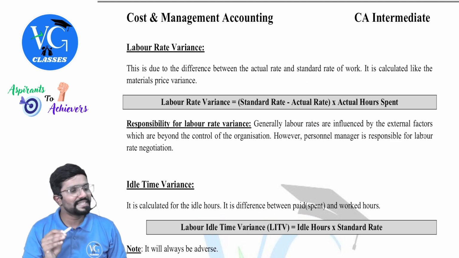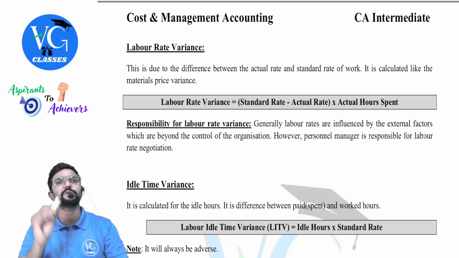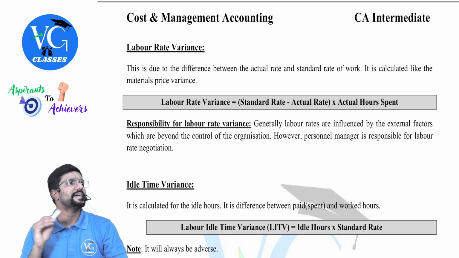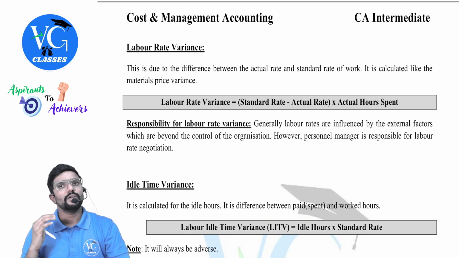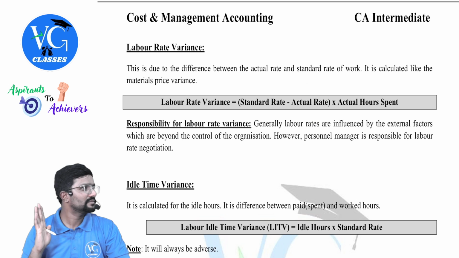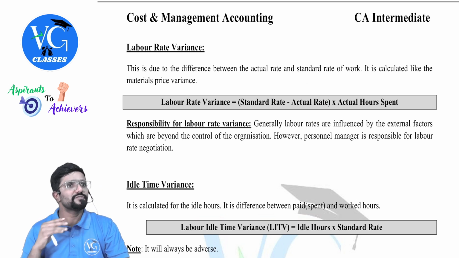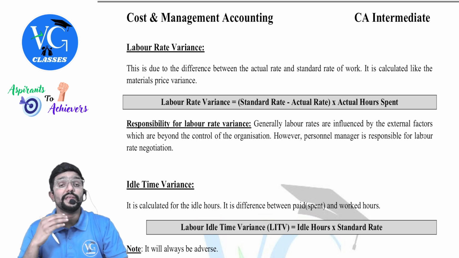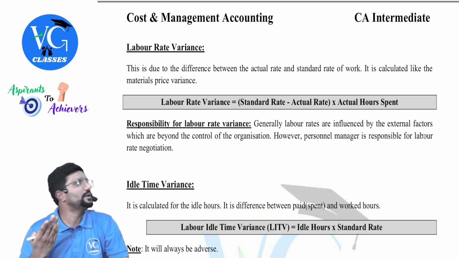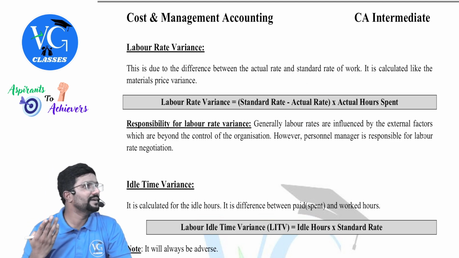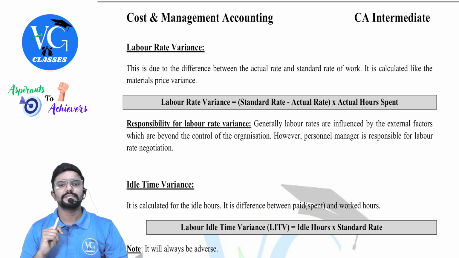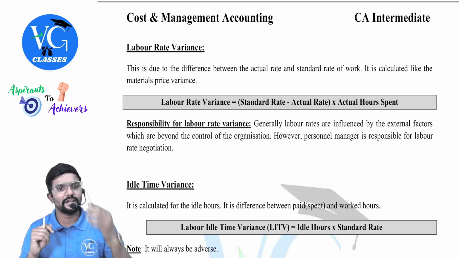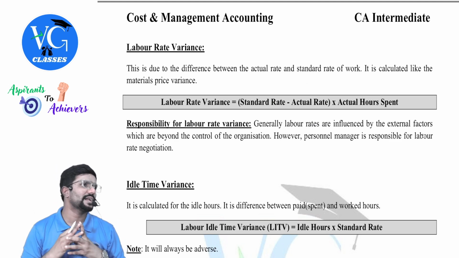So if this is adverse, whom should we question? HR department. And guys, always good employees come with a price. But still, if something could be negotiated well and you didn't do it well, who is responsible? HR. Generally, labor rates are influenced by external factors which are beyond the control of the organization.